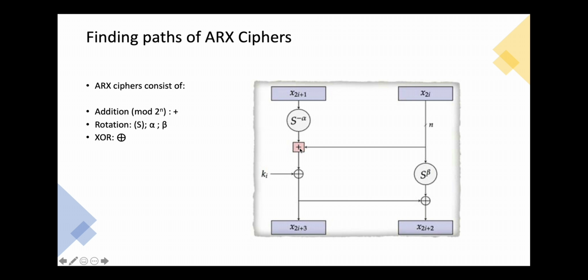Therefore, we need to analyze this operation to find which could be the higher probability output for some input. So you can see here this one is the first input and this one is the second input. After applying this addition modulo, what could be the most probable output from this layer? Therefore, we need to analyze this operation to find the high probability output for some input to find a linear or differential path.